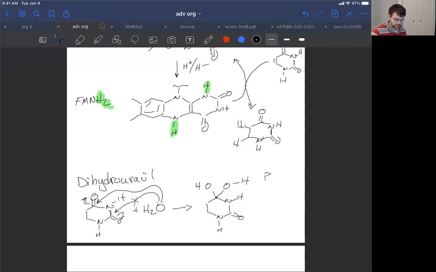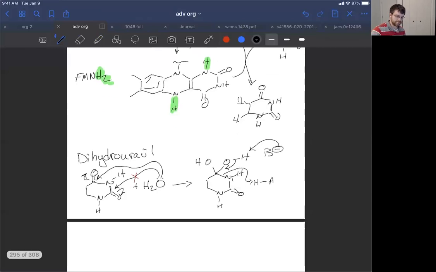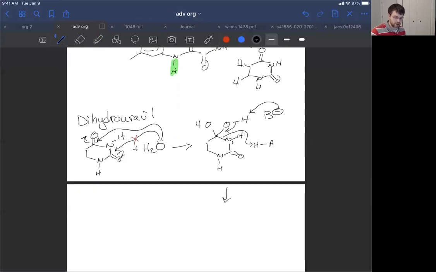Okay, now we have base come down, or deprotonate here to allow this to come down, and I'm going to draw that curly arrow coming from the bond. This is probably simultaneously hydrogen bonding to a good H plus donor. And so water, in effect, converts the top carbonyl into a carboxylic acid.